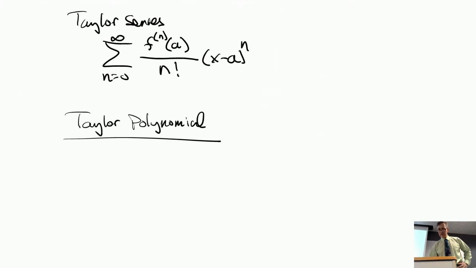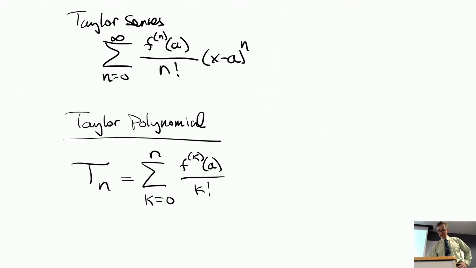So for a Taylor polynomial, we're going to do something like this. We'll have T sub n, and this is going to be the sum, I'll use k here instead of n, going up to n of f to the k of a over k factorial.